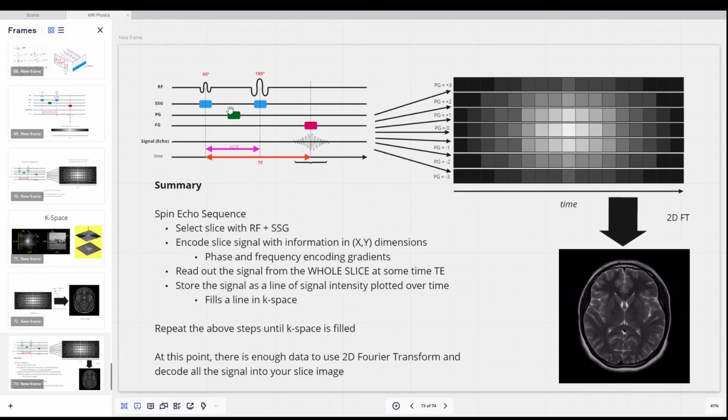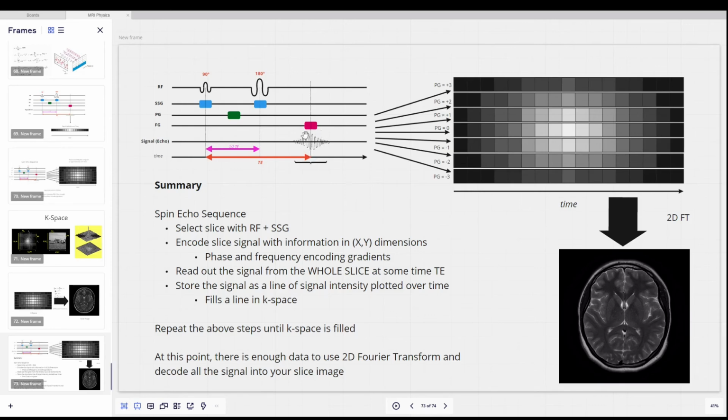We encode our slice with spatial information by applying a phase encoding gradient and a frequency encoding gradient, and those are applied along the x and the y axis of the slice, perpendicular to each other. And when we apply our frequency encoding gradient, that's also when we read our signal at this time TE.